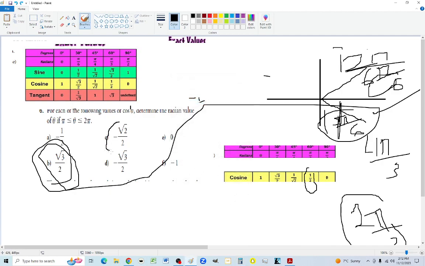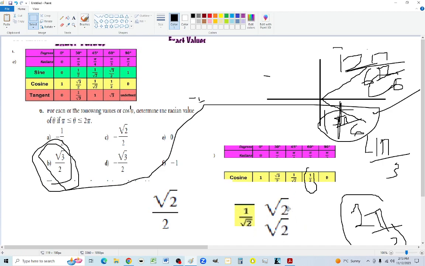Let's go on. Where would I find negative square root of 2 over 2? This is tricky. You might say it's not in there at all, except that this value here is accepted. See, in math, they don't like square roots at the bottom. So what they did is they took this one here, and they said, we don't like square roots at the bottom, so we're going to multiply it top and bottom by square root of 2, which is the same as multiplying by 1.